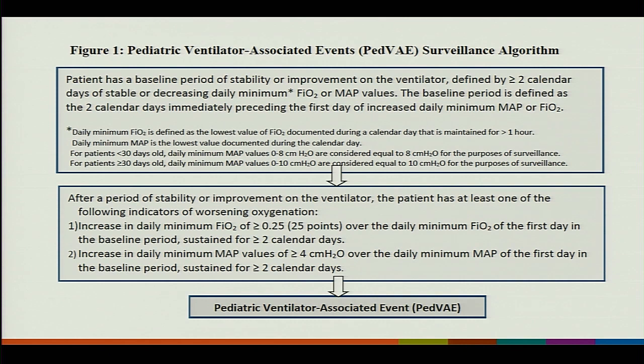And then it must meet the requirements outlined here. In FiO2, the increase has to be greater than or equal to 0.25, or a jump of 25 points. In the MAP value, if your baseline is in the MAP value, then your increase has to be greater than or equal to 4 centimeters of water.